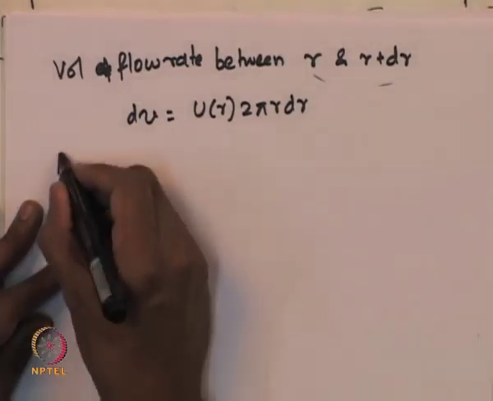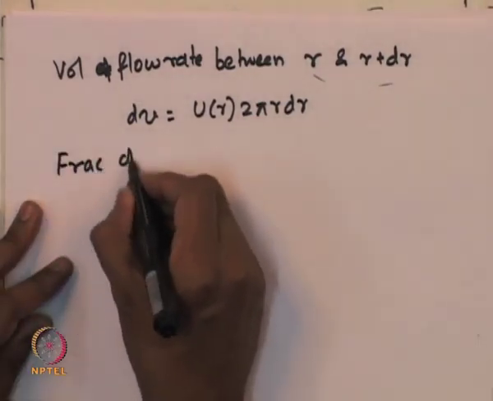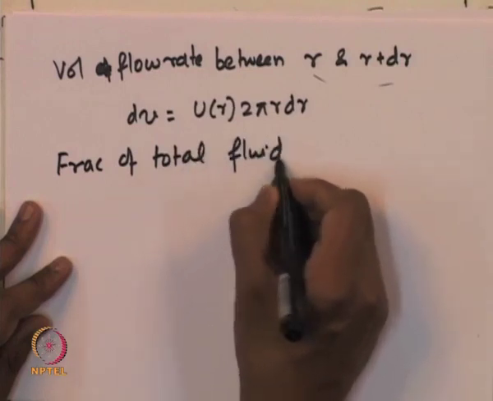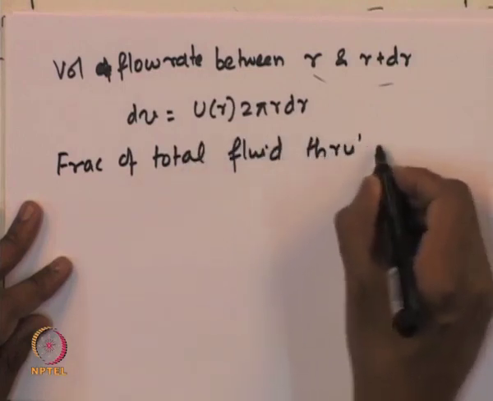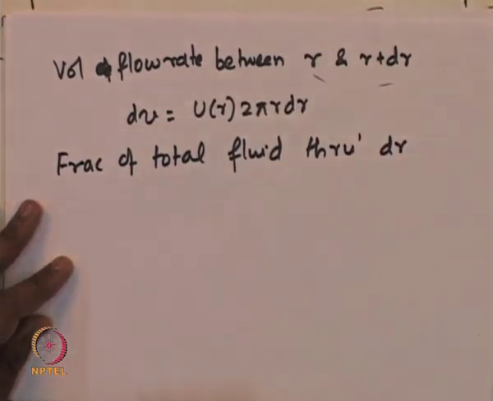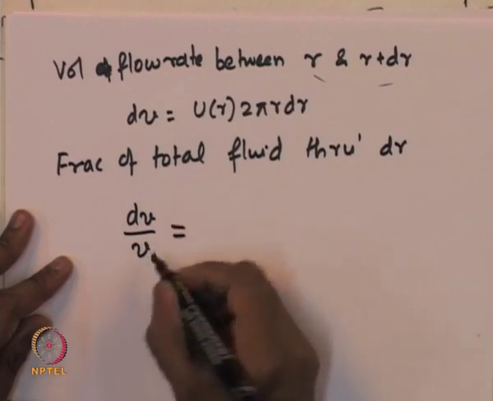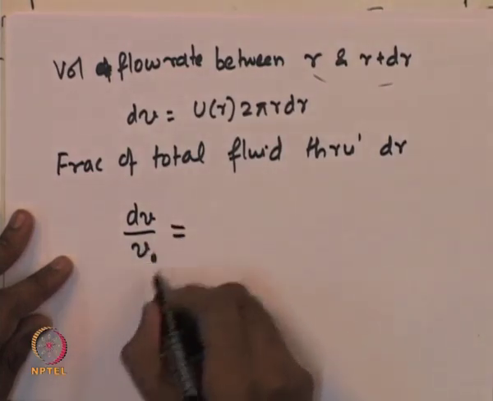Now the fraction of the total fluid flowing through this small element dr is given by dV divided by V naught, where V naught is the total volumetric flow rate.